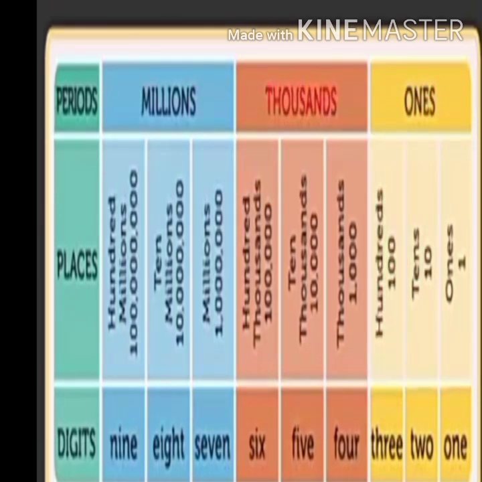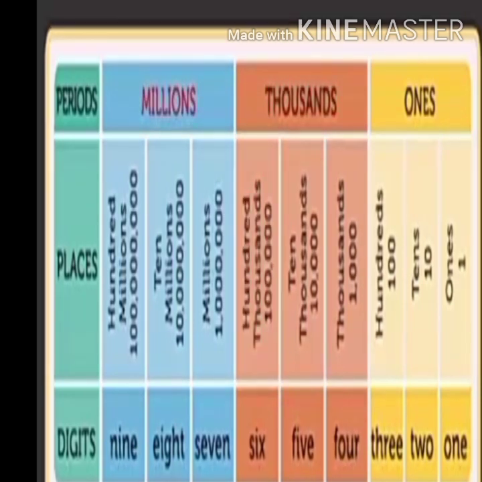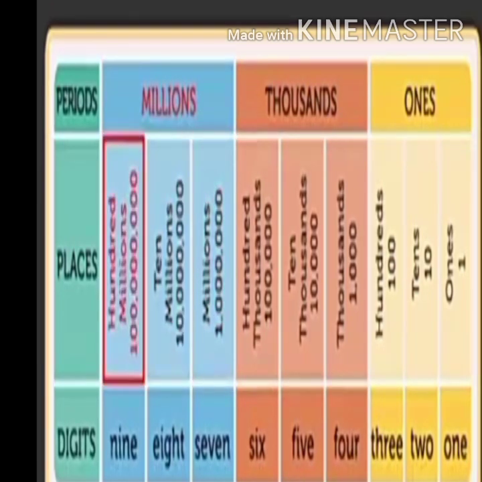The thousands period also consists of 3 places: thousands, 10,000s, 100,000s. The millions period also consists of 3 places: millions, 10 millions, 100 millions.